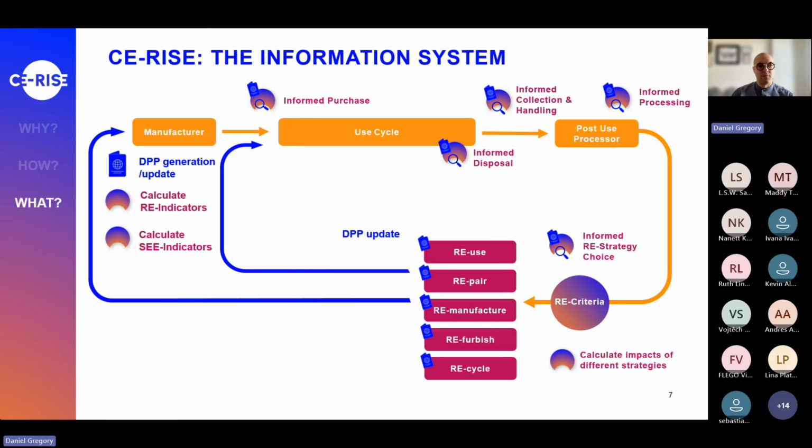How does that work? We want the manufacturers to make the DPPs, and then they can use the Circularise system to calculate both RE indicators, which are different circular strategies like recycling, remanufacturing or reuse, as well as SEE indicators.